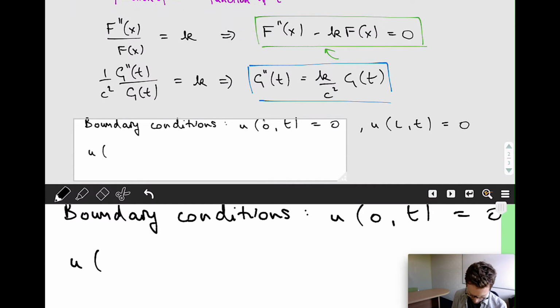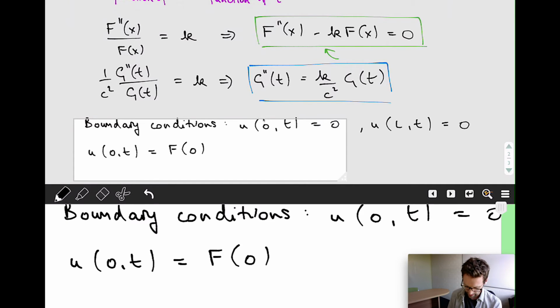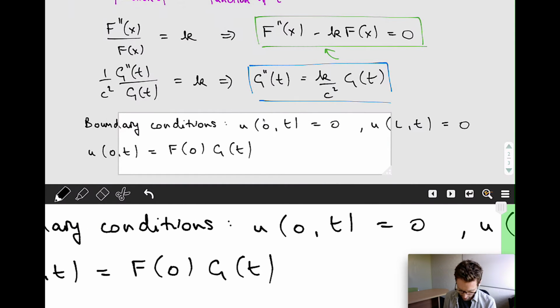Well, we know that u can be written as f of the x part, at x is equal to 0, times g of the t part. Now if this is equal to 0, I've got something times something is equal to 0. F of 0 times g of t is equal to 0. So one of these two things has to be 0.